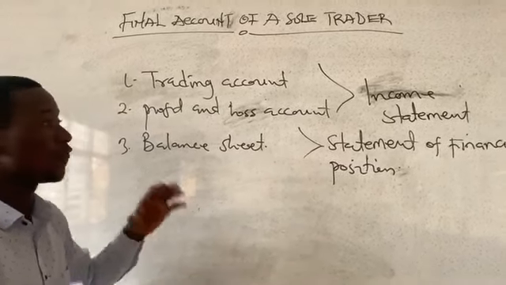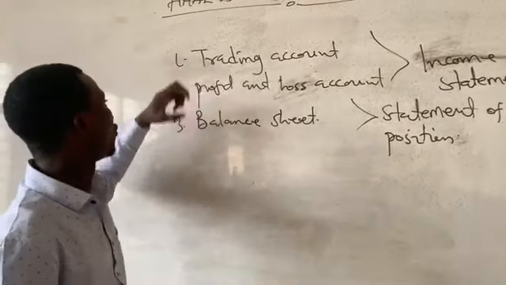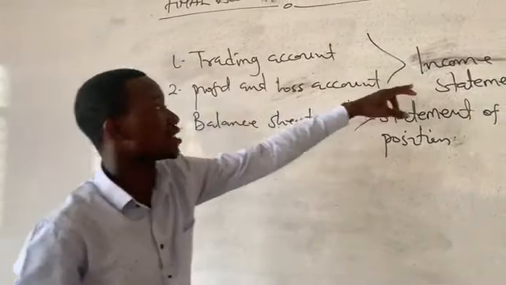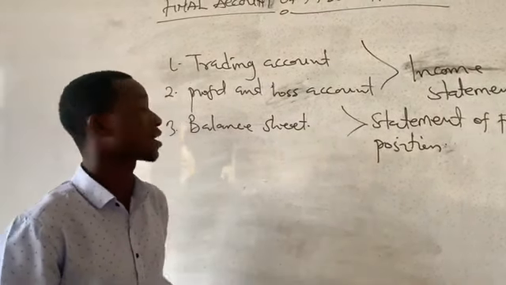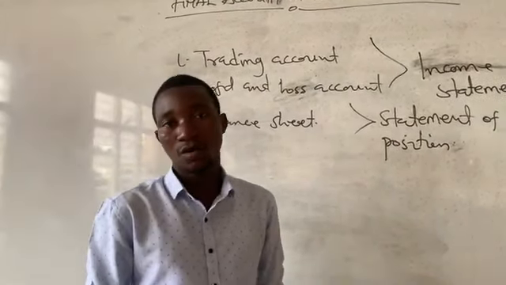Is that okay? Our focus in this video will be looking at how the income statement is prepared, the format of the income statement. That is the combination of the trading account and that of the profit or loss account.